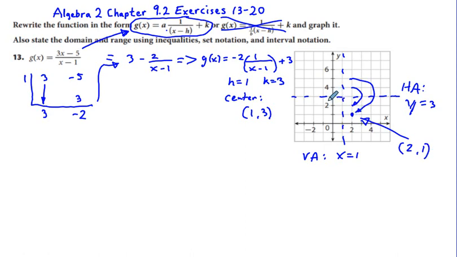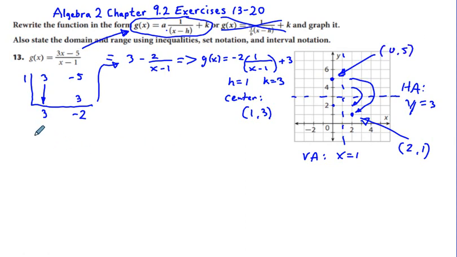And then as far as the other point, it would occur 1 to the left and 1 down. And so we would stretch by a factor of 2 and rotate up here. So we would also have the point here graphed, which would be 0, 5.